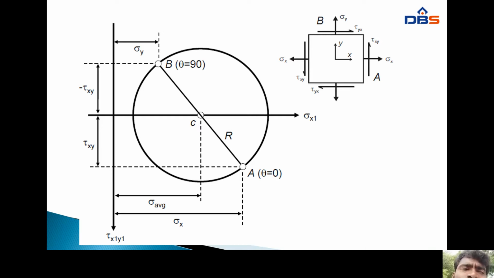Sigma average is the distance from the center point to the y-axis. Sigma x is the normal stress to the y-axis. On the sigma x1 y1 faces the shear stresses are acting, and minus tau xy is in the negative direction and tau xy is in the positive direction. Upward is negative and downward is positive shear stress. Okay, this figure is a Mohr circle.